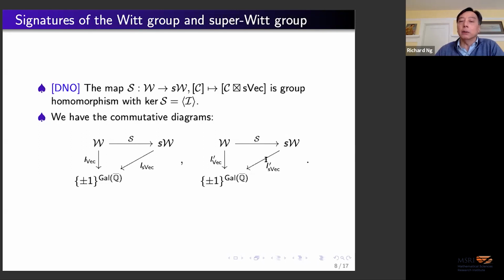Somehow they are very compatible with the structure of this Witt group and super-Witt group, or W omega if you want, W epsilon if you want. So basically, that finishes the first part of what I want to say about the signature of these Witt groups.